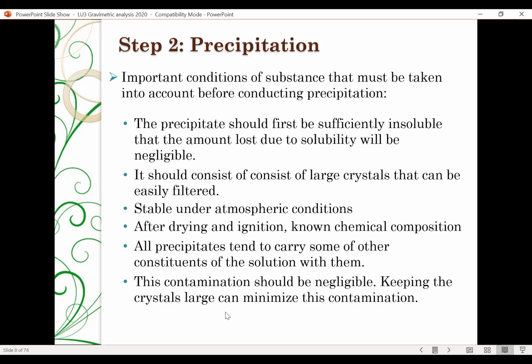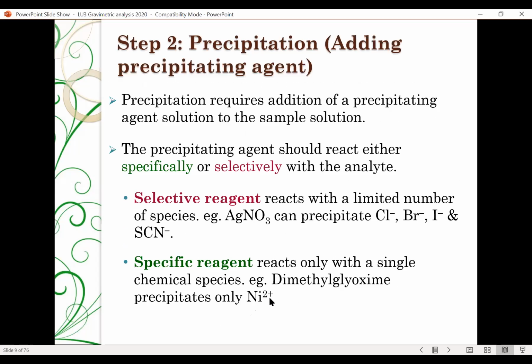Okay, so if we have higher surface area per volume, meaning that the contamination will be easier to enter the product. Okay, so we want to keep the crystals as large as possible to minimize this contamination.